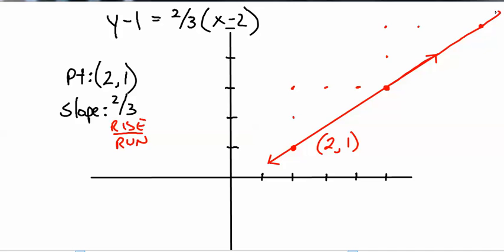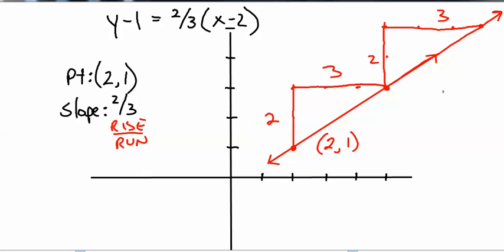Can't you do it? Yeah, but I don't like to get involved in that because people start getting confused. I just like to keep it as rise over run. We're going to rise 2, run 3, and then rise 2, run 3. If you got another way of doing it and you're real good at it, you can do it that way, but this is the way I teach it. Clear? Good. Thanks for understanding.